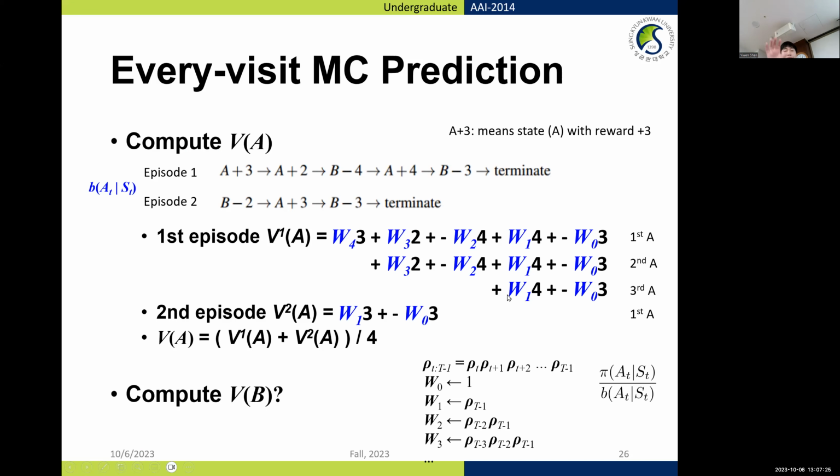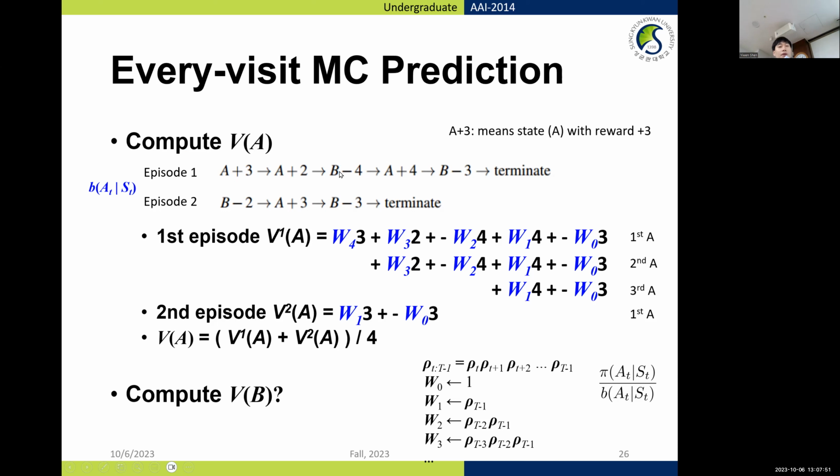Actually, we are looking at the internal mechanism of this MC prediction, how it works inside this algorithm. Can you calculate this VB? We are using every visit, so you also need a V1B and a V2B.